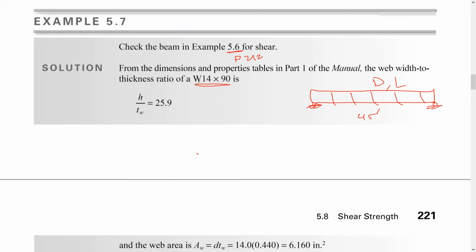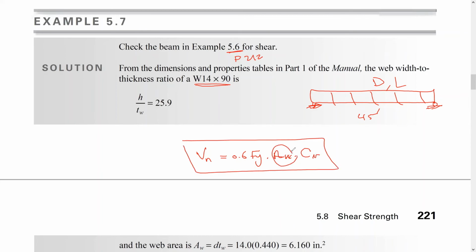The basic equation for the shear here, Vn, is equal to 0.6 Fy times the web area times C sub V. It's easy to get the web area, which is d, the depth of the beam, times tw, the thickness of the web.